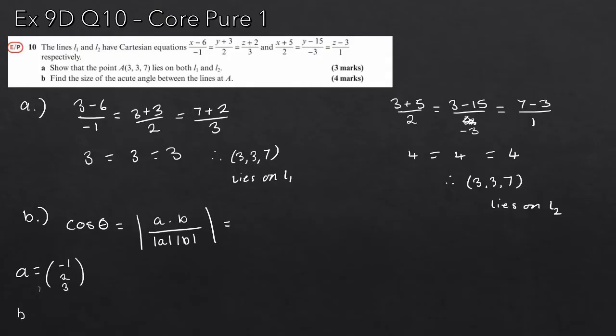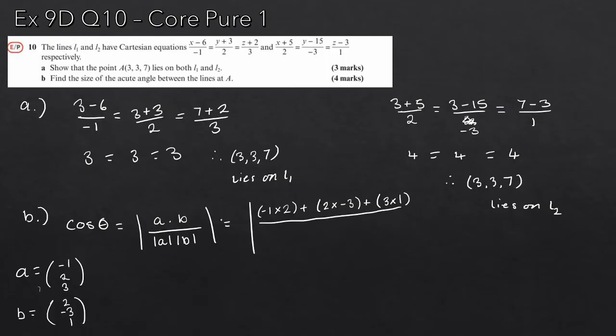And then for B, again, the direction vector at B, don't forget, it's always the denominator, so it's going to be 2, minus 3, and 1. Okay? So, using this formula now, we can work this out dead easy. So this is going to be minus 1 times 2 plus 2 times minus 3 plus 3 times 1.